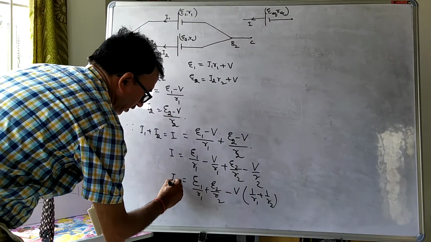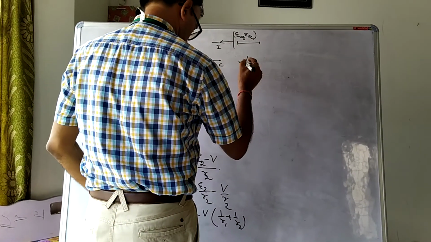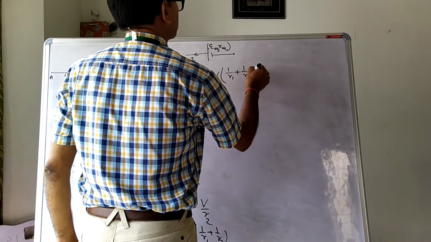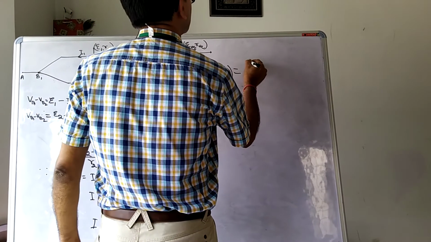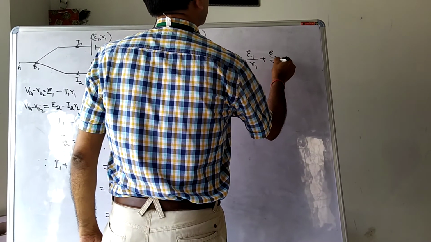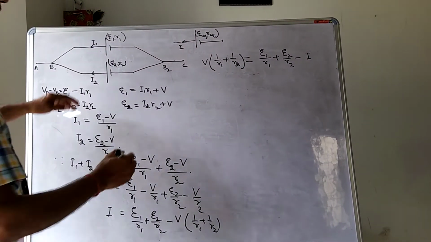This is the value of I. If I transpose this, V into 1 by R1 plus 1 by R2 equals E1 by R1 plus E2 by R2 minus I, right?